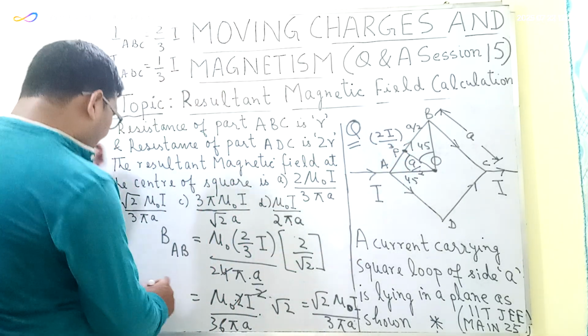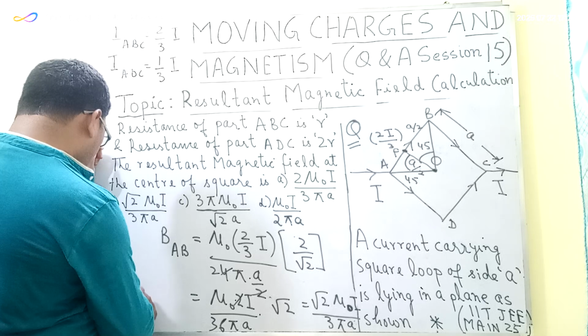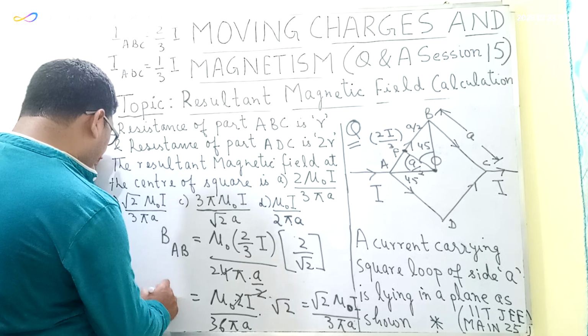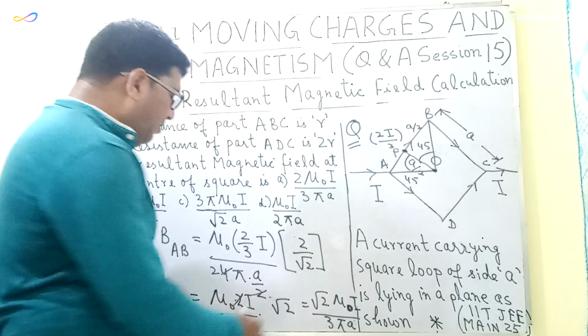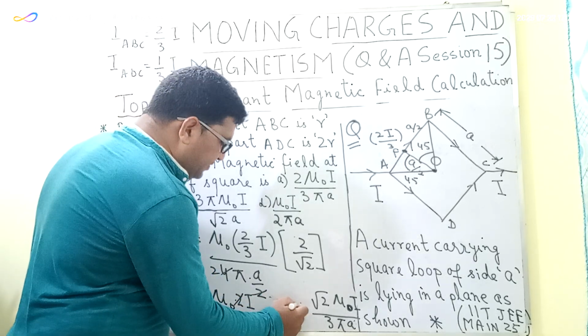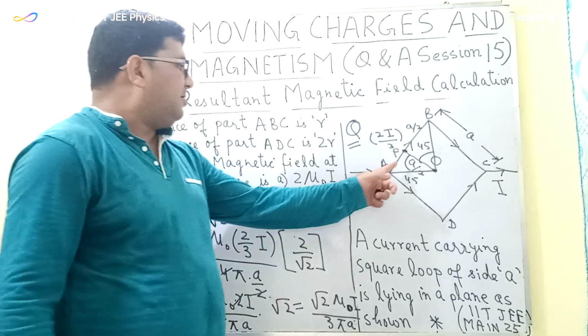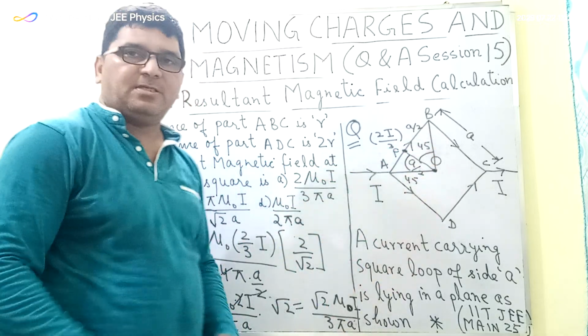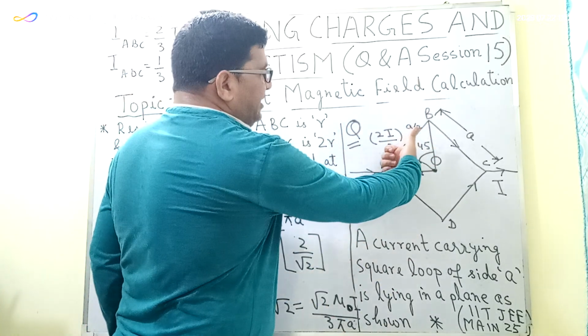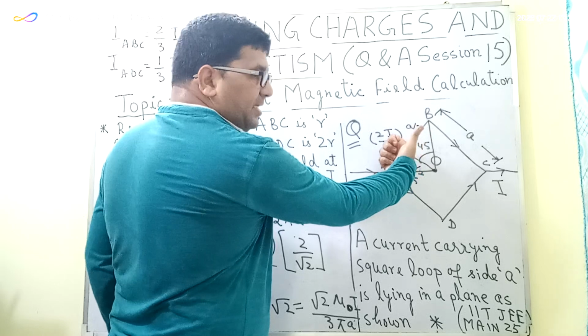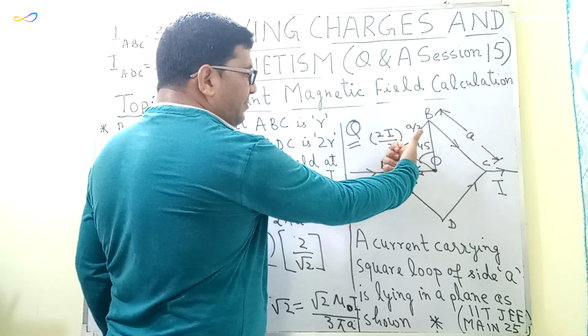Similarly, the magnitude of the magnetic field due to the part BC will also remain the same, but now we have to find the direction of the magnetic field due to this part AB and BC. Now here I will be using the right hand thumb rule. The thumb will point in the direction of the current, and my curled fingers will point in the direction of the magnetic field.